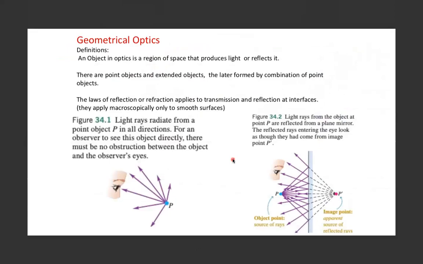Okay, let me now go back into geometrical optics, which is a branch of optics where no diffraction and no interference happens, okay? The only elements here are our light sources.